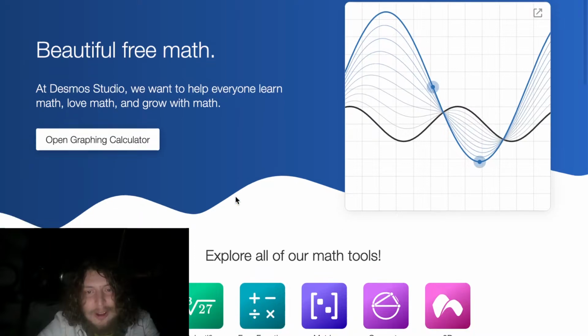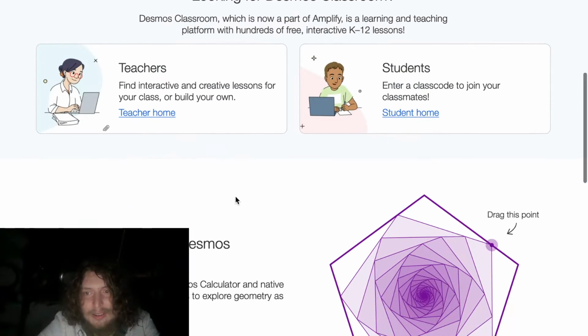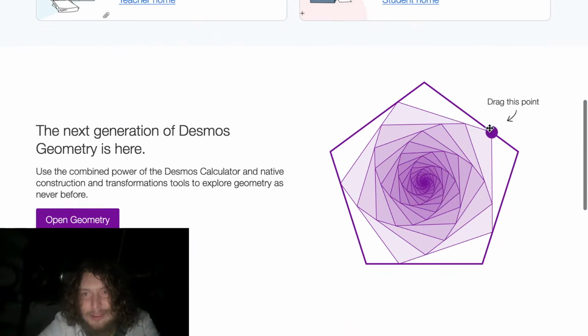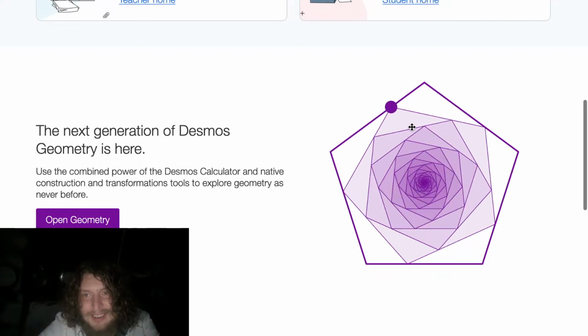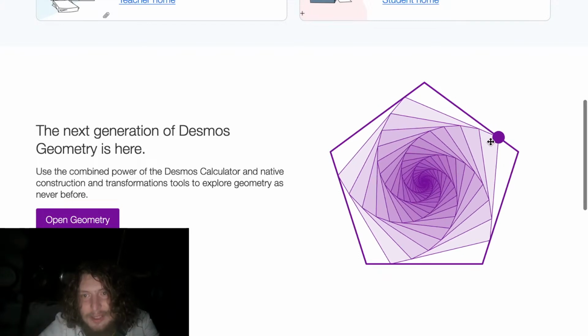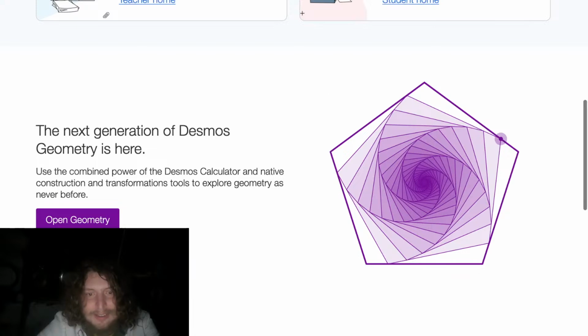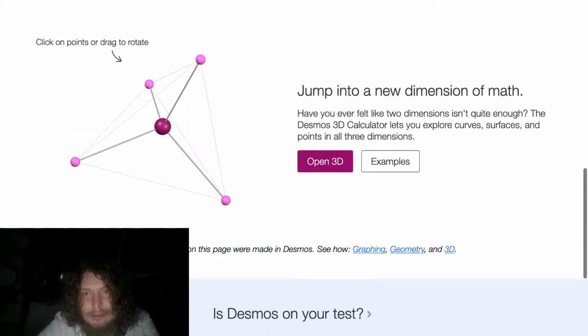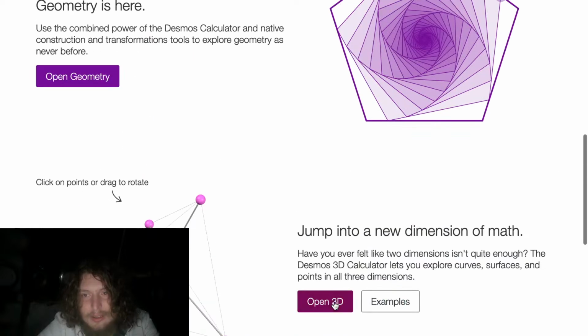And I'll open the 3D graphing calculator. This one looks cool too. We'll try their geometry thing another day. This looks fun to explore. And here's another version of their geometry or 3D thing, but where's just the 3D graphing calculator?